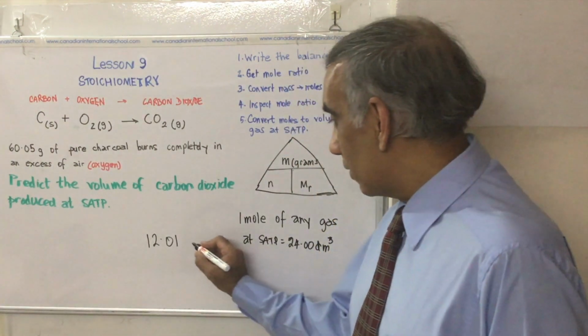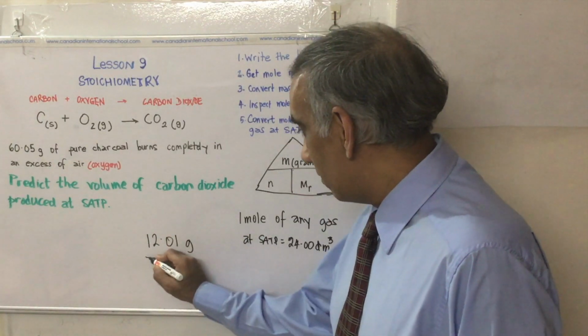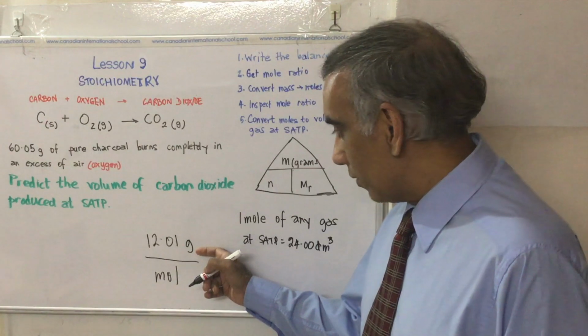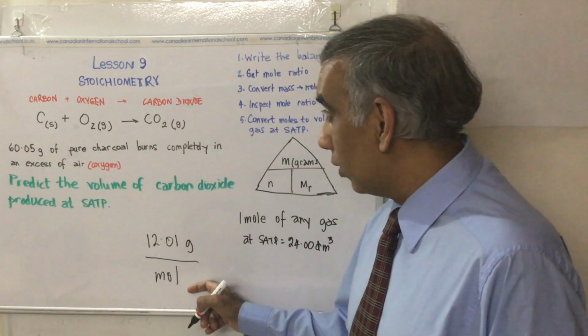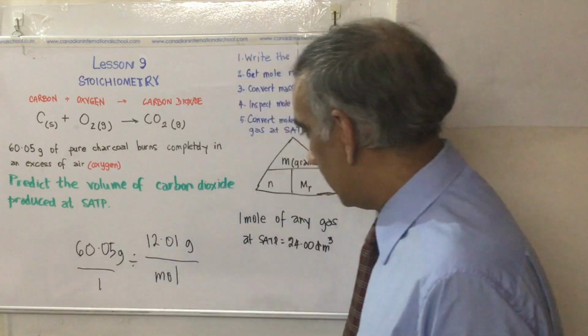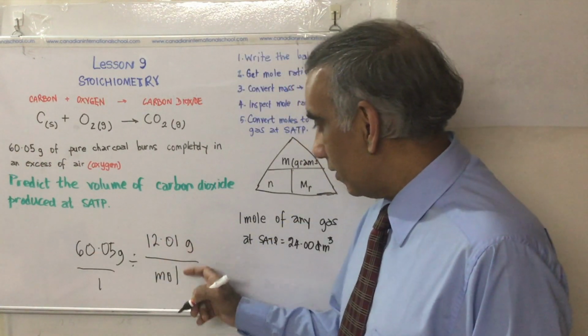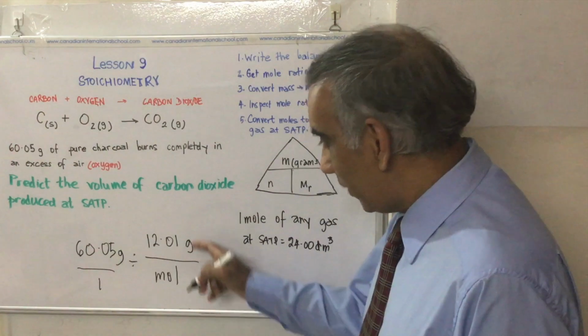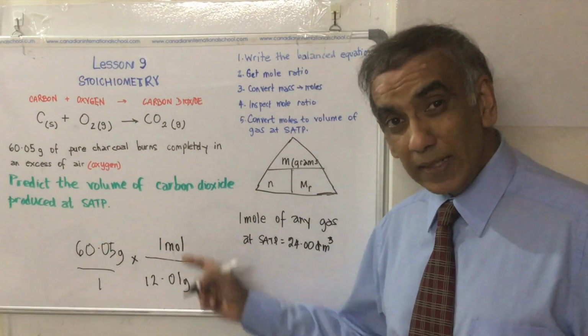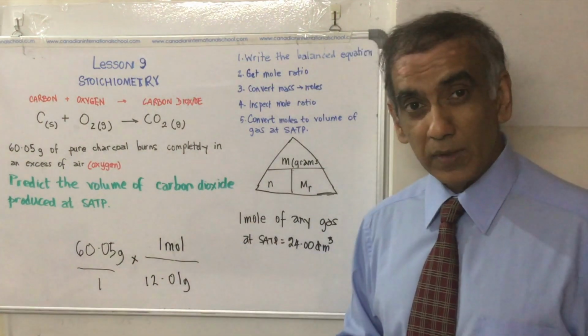That is 12.01 grams per mole, 12.01 grams making up 1 mole. And we are going to divide 60.05 grams by 12.01 grams per mole. Multiplying here by the reciprocal, 12.01 grams becomes the denominator and 1 mole becomes the numerator.